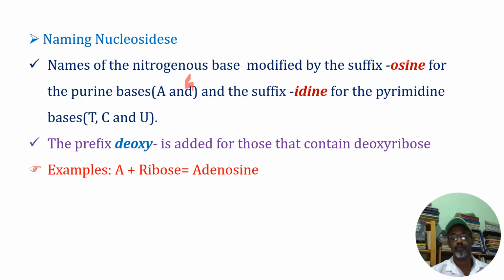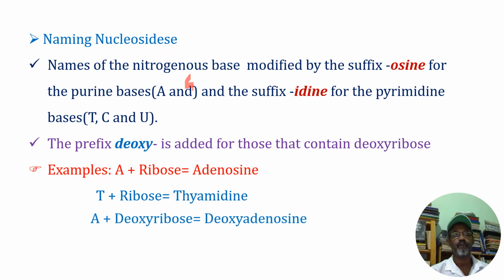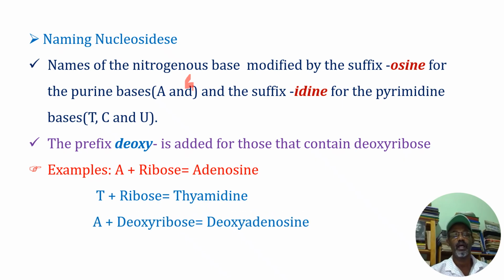This is the name. Go again. Thymine, ribose. This is also RNA, and of course, RNA does not use thymine. Therefore, you modify this to "-idine". This is a pyrimidine, thymidine. And again, A plus deoxyribose. Now in this case, we have deoxy. Therefore, add deoxy and change adenine to adenosine, deoxyadenosine.